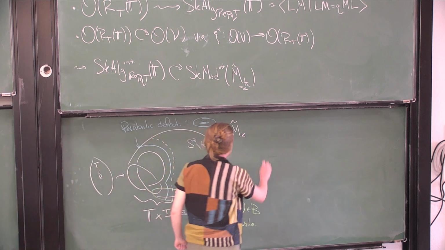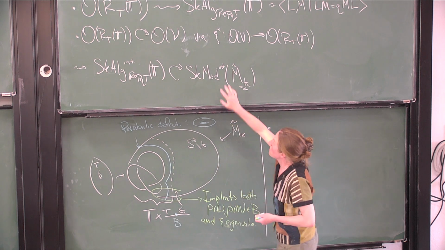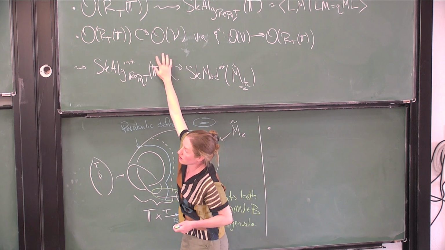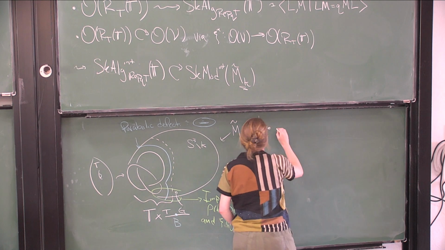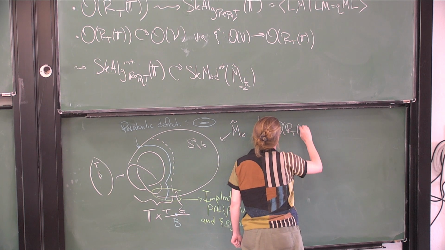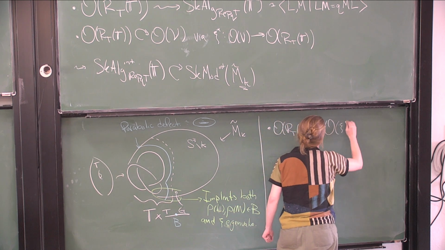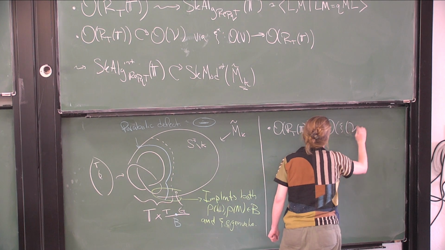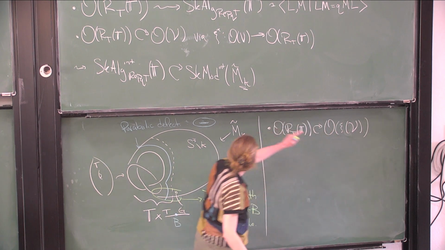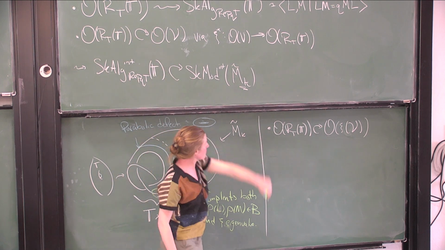There's one more little step that happens, which is that this is not quite the module that they use in their construction. Their module that they're using is RT acting instead on the image of V, like that. So you can see it's a little different, acting on the image of this map versus acting via this map.